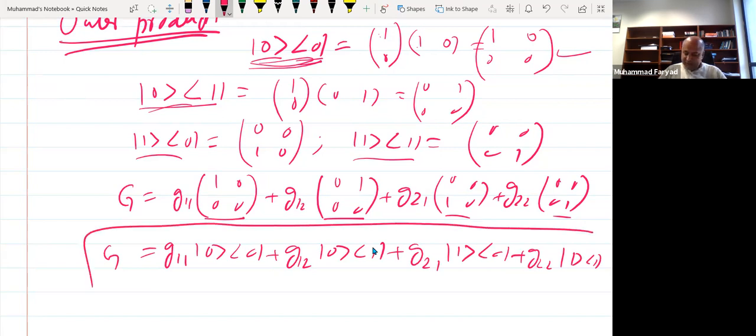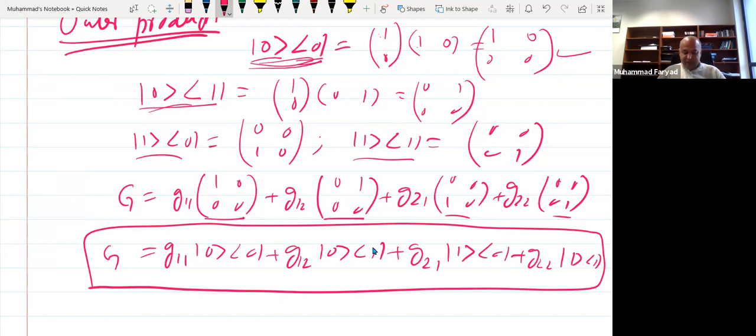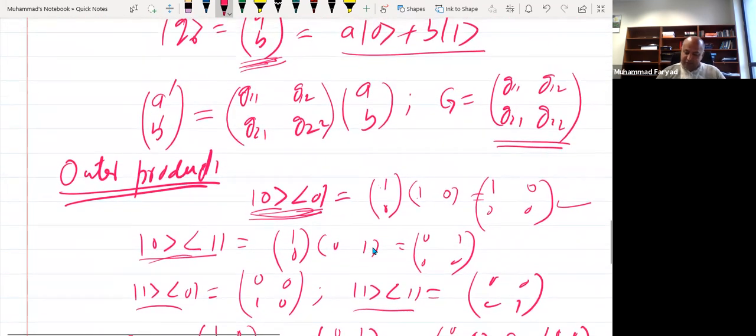So at least operationally speaking, this is how I can convert a matrix operator to the outer product form. And actually, from now on, you can do it directly. All you have to do is remember that this term corresponds to |0⟩⟨0|. This term corresponds to |0⟩⟨1|. This term corresponds to |1⟩⟨0|.